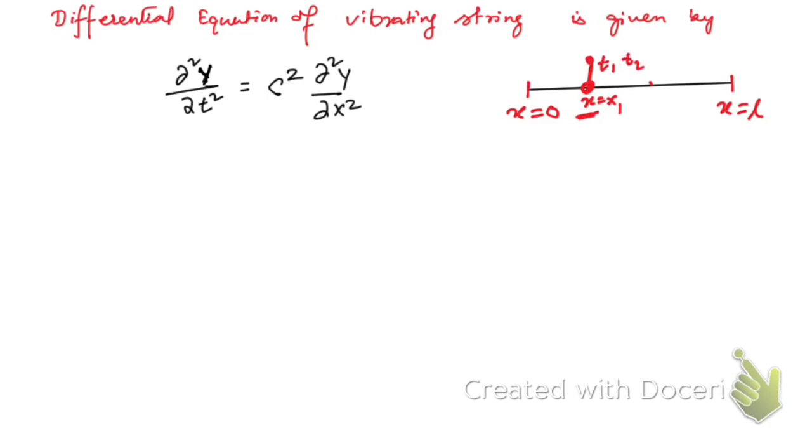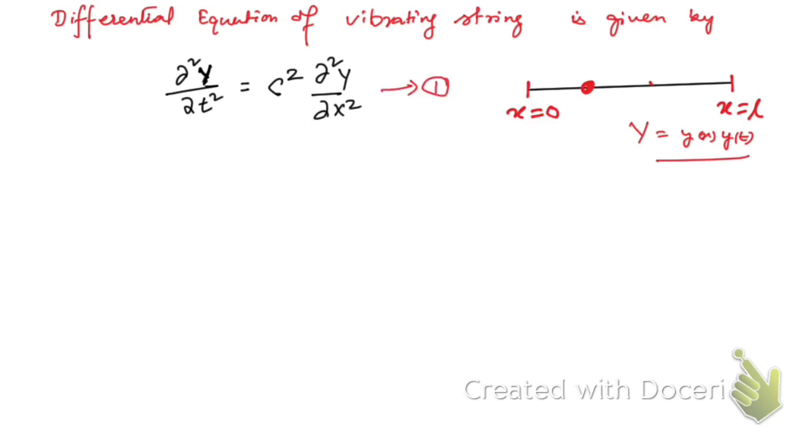So that's why we have seen that this capital Y depends on t as well as x. So we can write this as a product of two functions. We can write this capital Y as small y of x and small y of t. We will discuss this later again.